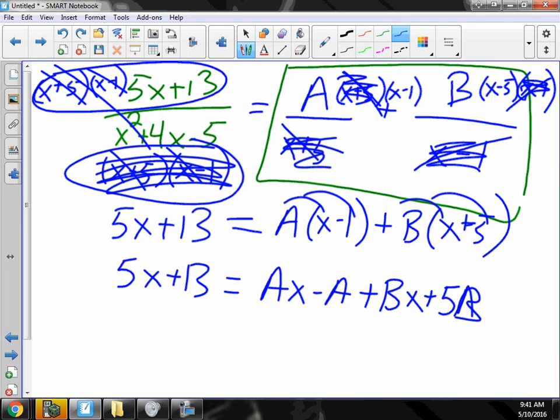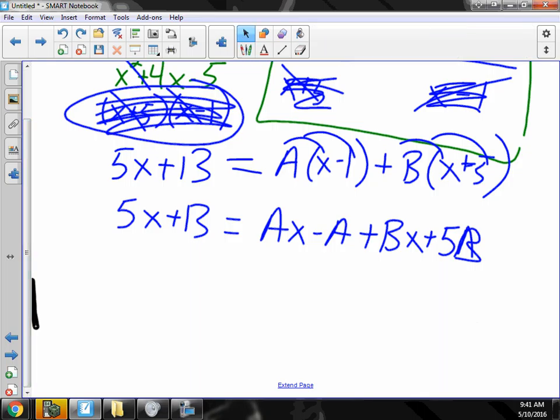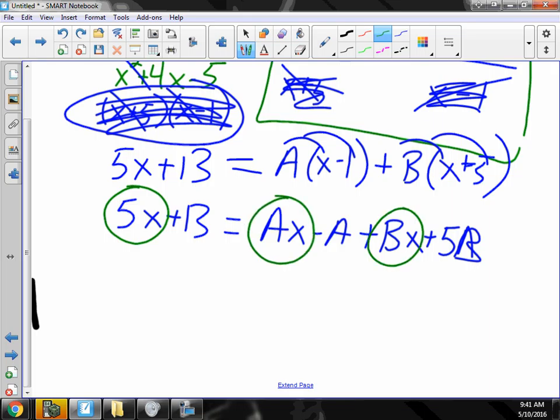All right. Now what? So it looks like we've made it much more difficult. And we're going to do kind of something sneaky that we've never done before. We have a 5x, and we have an ax and a bx. So I'm going to reorder this into ax plus bx has to be equivalent to 5x, right?